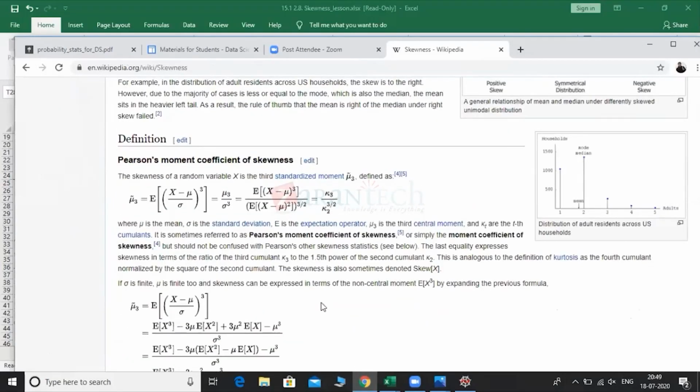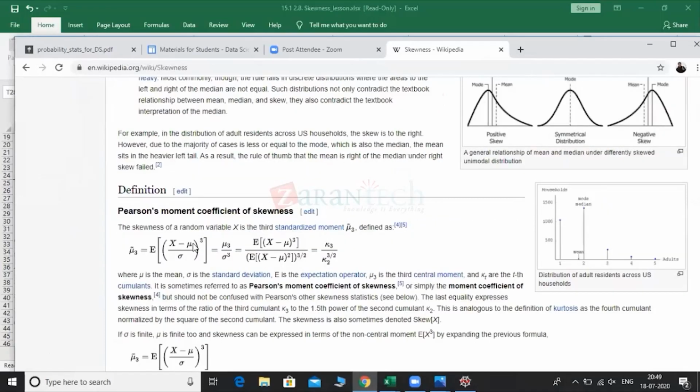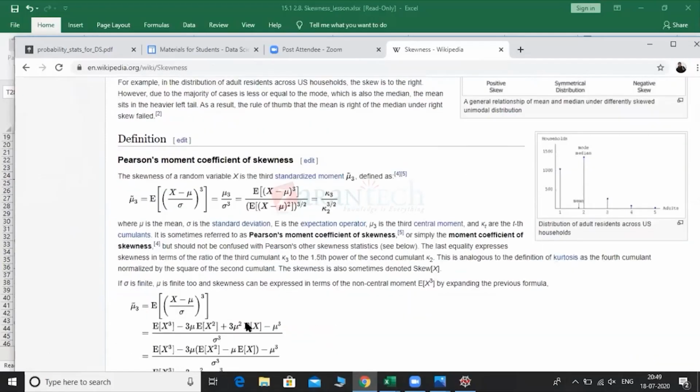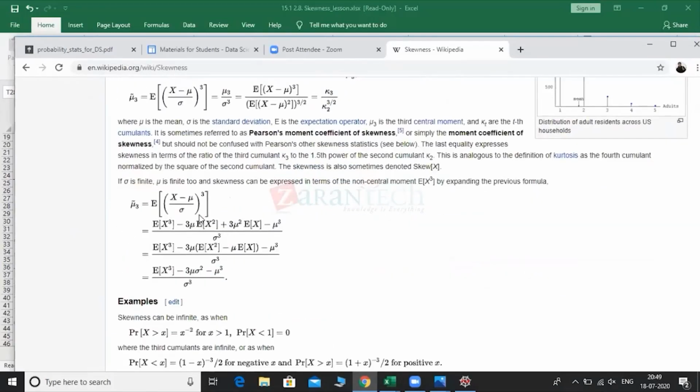One thing is there are many ways to calculate skewness. In this case, it is Pearson's moment of skewness. Like whatever we are calculating for mean, there is a formula. For median, there is a formula. For skewness, there is a formula. We are not getting into the mathematical side of how this is calculated.